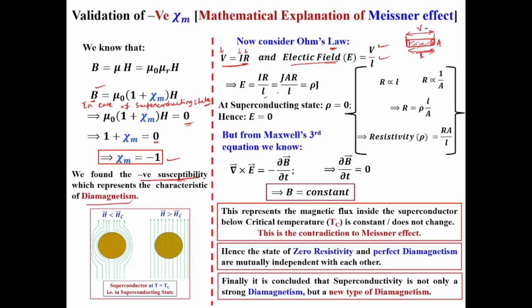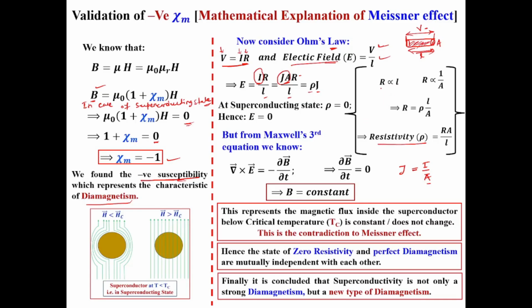Instead of I we can write JA, because we know that current density J is the current per unit area, I by A. So instead of I, we can write J into A into R by L, and this will be equal to rho into J. Here rho is nothing but the resistivity of the conductor. How?